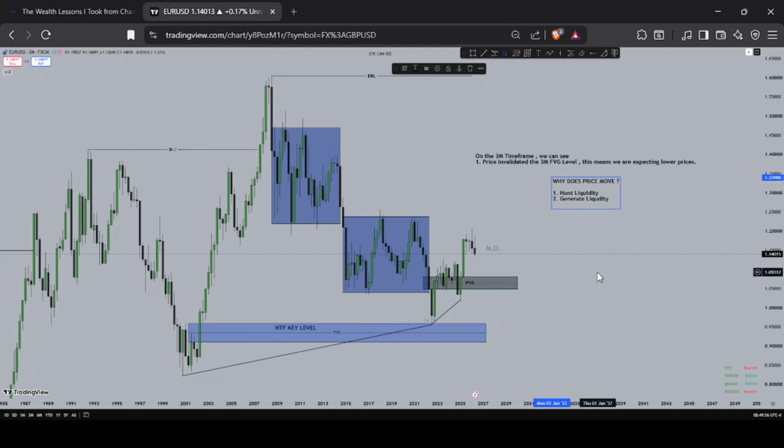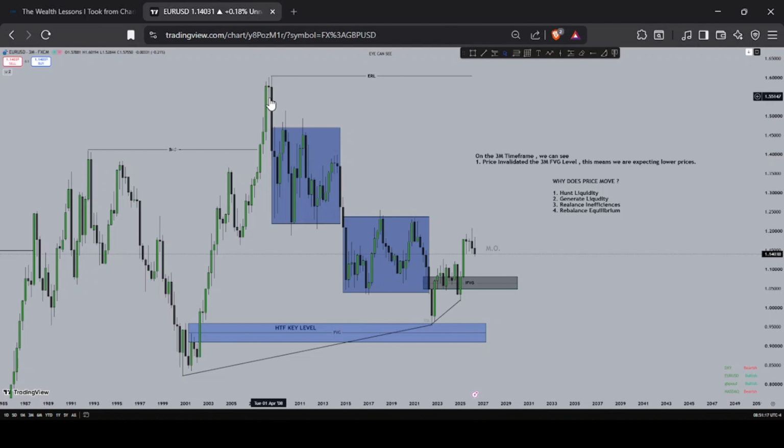Three is to rebalance inefficiencies. Four is to rebalance equilibrium. So again: rebalance inefficiency, rebalance equilibrium, generate liquidity, and hunt liquidity. Anytime you see price moving, it's doing one of these four things.